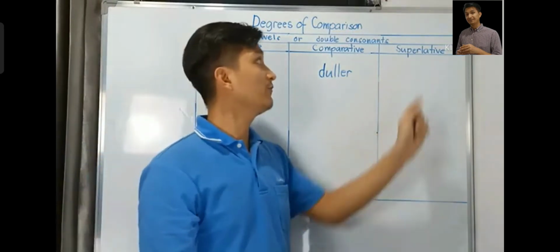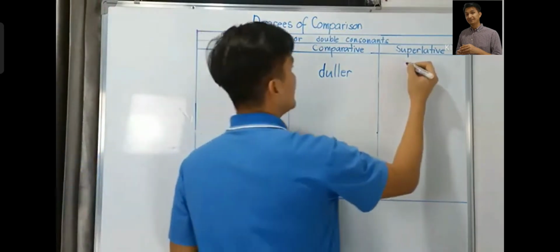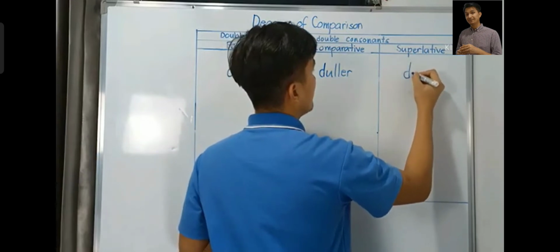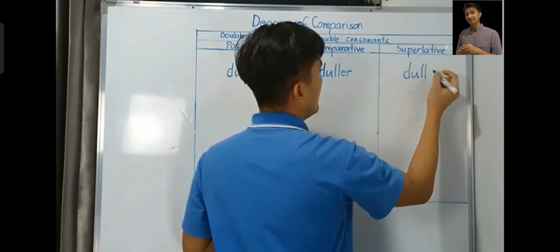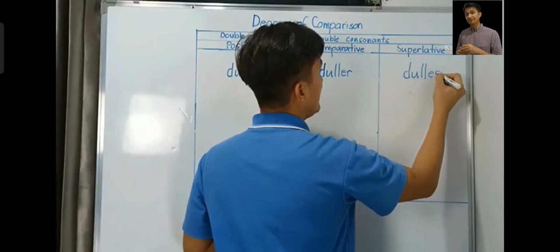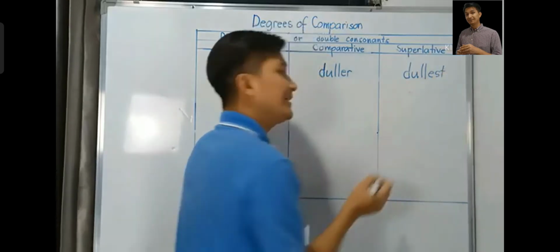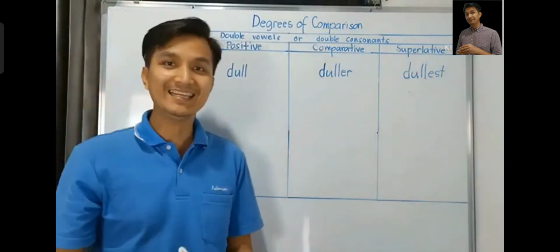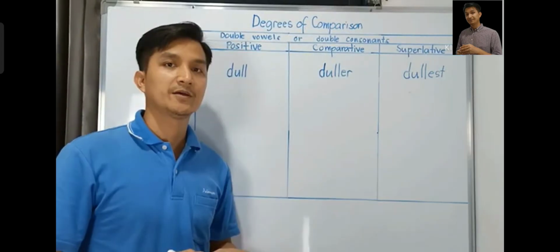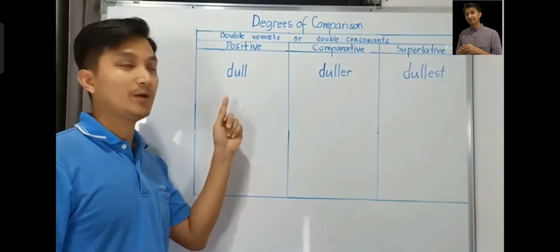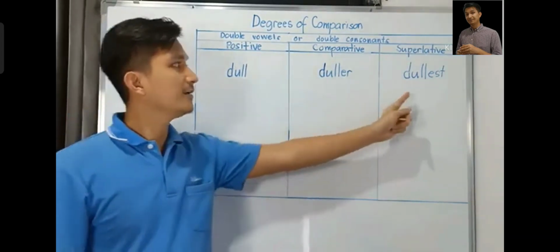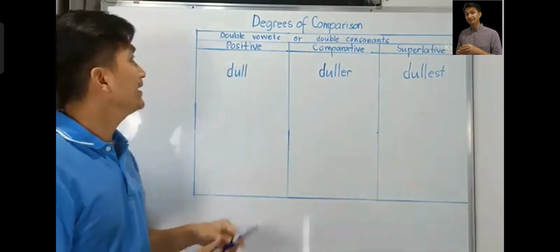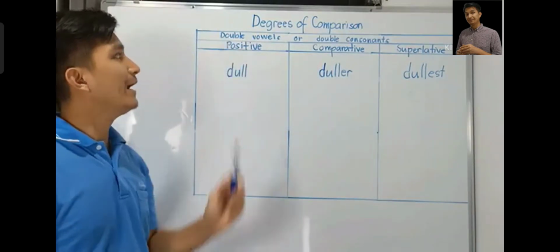And the superlative form would be dollest, and simply add EST. Is it easy? Alright, so this is example number one. Doll, doller, dollest.